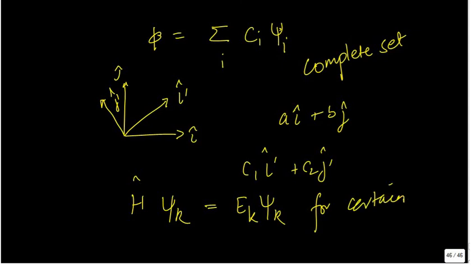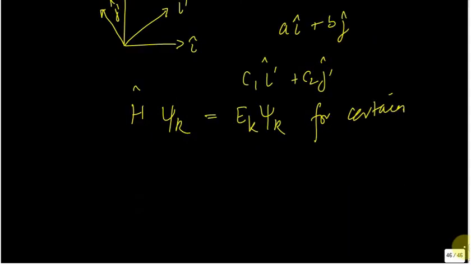Now, if on the other hand, the state of the system was in phi, and I do a measurement of energy, then I get back... I can't write this actually.